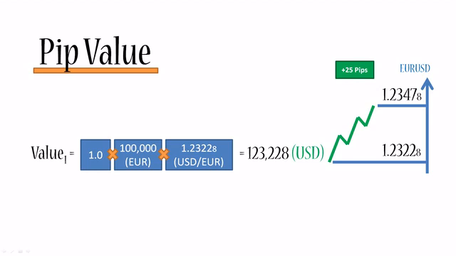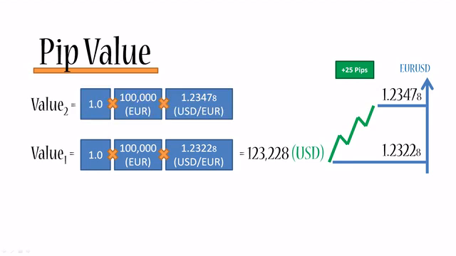Now let's calculate the value at point 2 at the top. Value at point 2 is calculated in a very similar fashion. One lot times 100,000 euros times 1.23478 dollars per euro. So here we're using the new price. And the new value is $123,478. Now let's calculate the change in value.